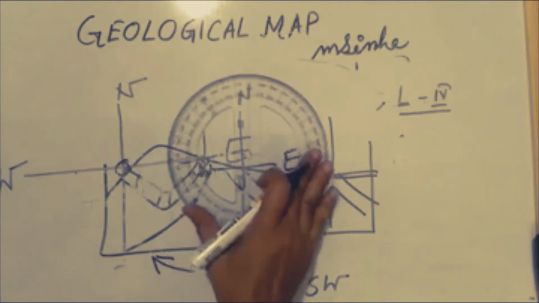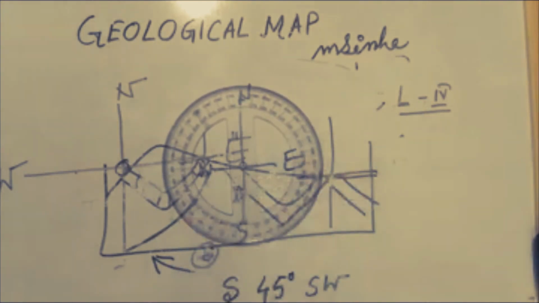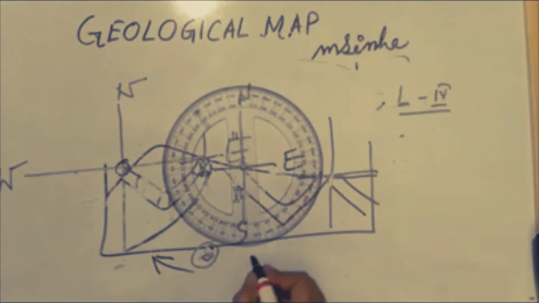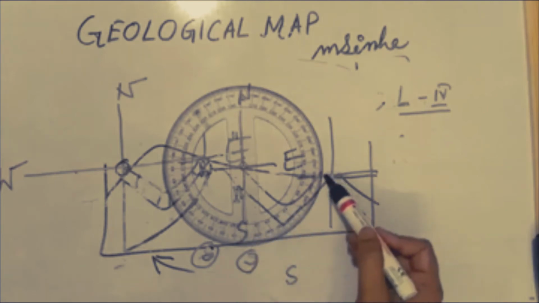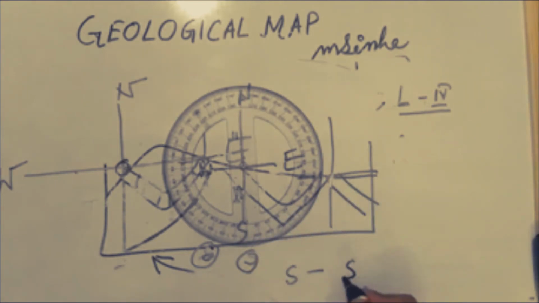Then move to that bed. Suppose that bed: you start from south, then it moves towards the east, that is south to southeast. If you want to measure the angle, start from 0, put the 0 line here, and start from that direction. It just follows the principle of reduced bearing.